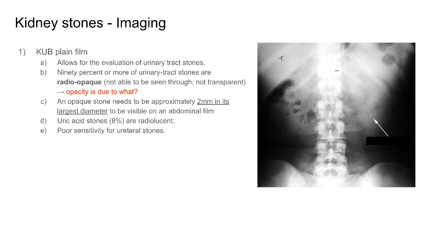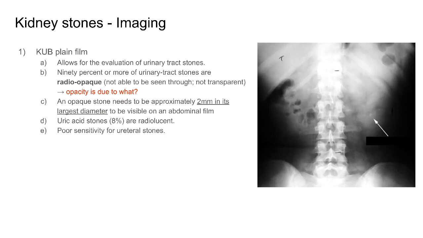KUB, which is kidney, ureter, and bladder plain film, is basically just an X-ray. It allows you to evaluate urinary tract stones, but not all stones can be seen on the X-ray. When someone says radio-opaque, it means that you cannot see through it, so it's not transparent.